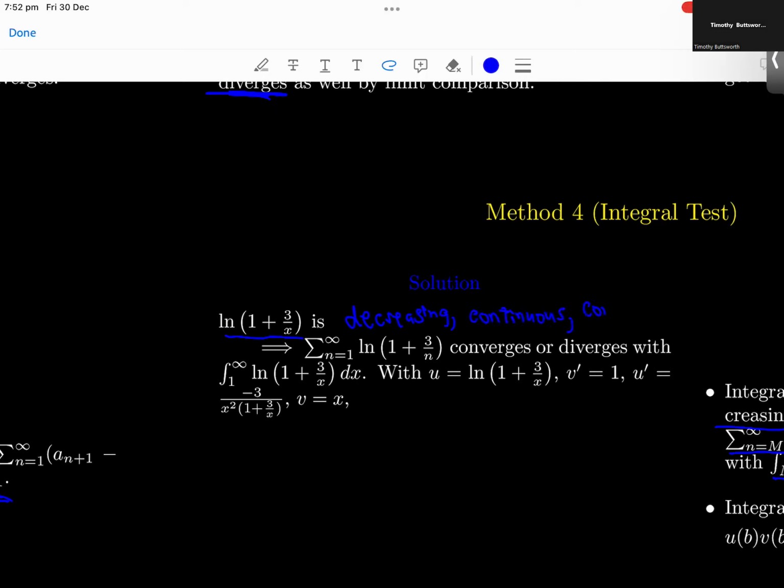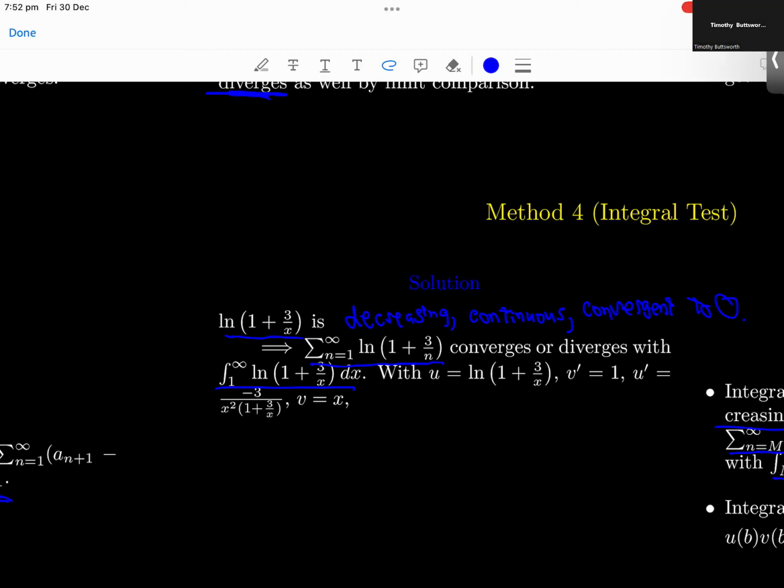And it is also convergent to 0. This is great because it means that in order to work out whether or not this converges or diverges, it suffices to look at this integral here and see if that converges or diverges. Well, you might be a little upset with what's happened so far because ln of 1 plus 3 on x, that looks like a particularly challenging integral to perform. How can we possibly do that?